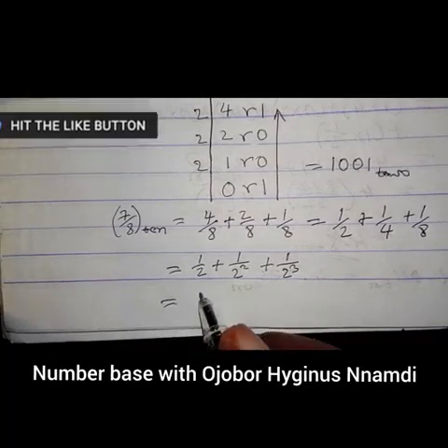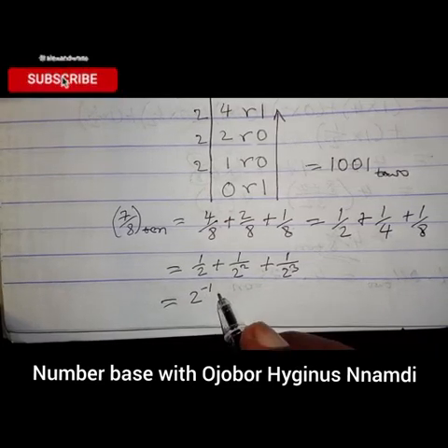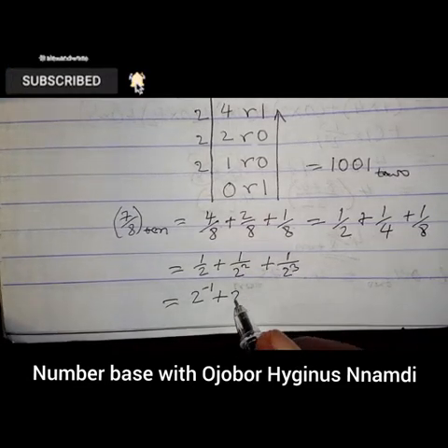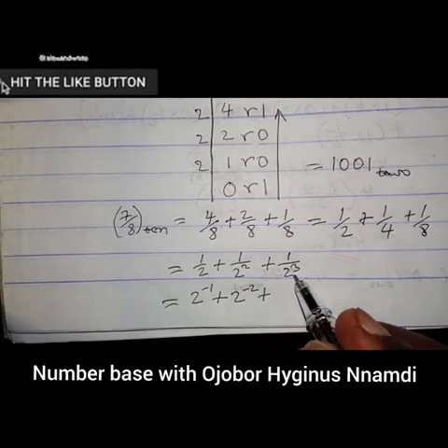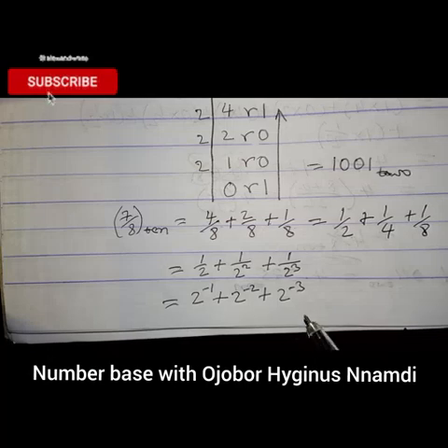And we know that 1/2 can as well be written as 2 raised to power -1. Plus, we know that 1/2 raised to power 2 can be written as 2 raised to power -2 from our indices. Plus, we know that 1/2 raised to power 3 can be written as 2 raised to power -3 from our indices.